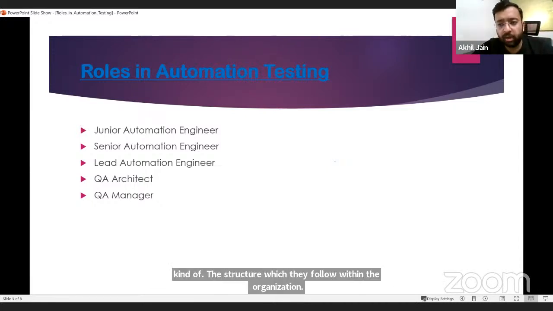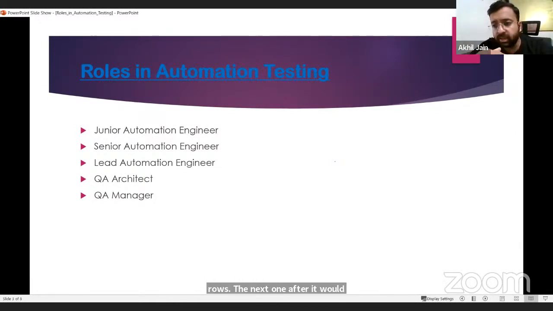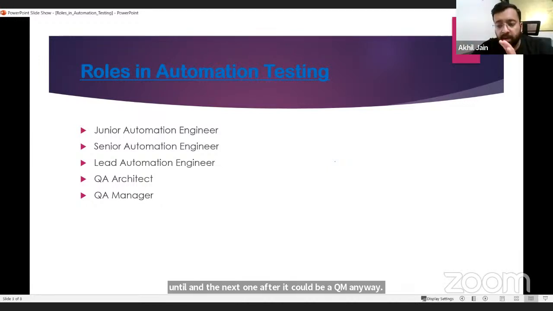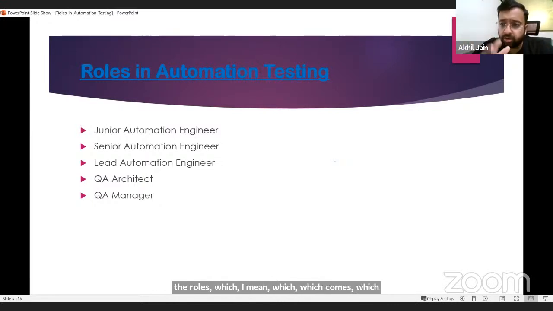Over there, you could have only, let's say, 3 roles, where someone could be just the automation engineer, the next role after it could be lead automation engineer, and the next role after it could be a QA manager. That's it, right? But again, the responsibilities and the roles which get assigned in that kind of a structure are similar. Those are not different.